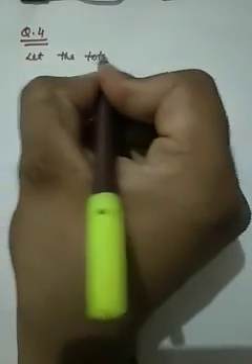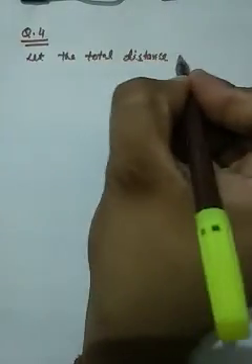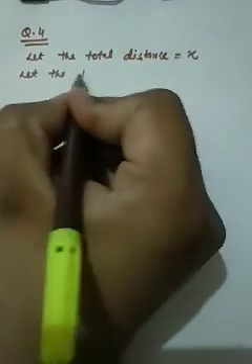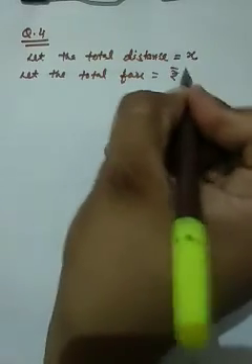Taking the distance covered as x and the total fare as rupees y, write a linear equation. So first of all we will write here, let the total distance be x and let the total fare be rupees y.